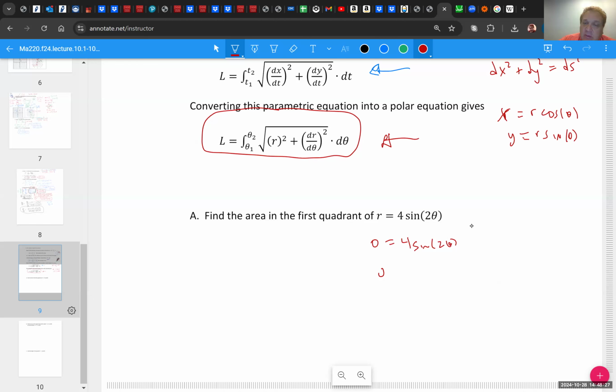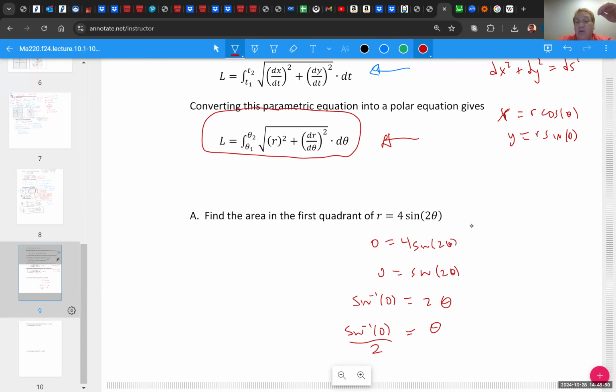I divide by 4, doesn't do much. Take the inverse sine of both sides. Divide by 2. Oops. Divide by 2. And that is my answer for theta.